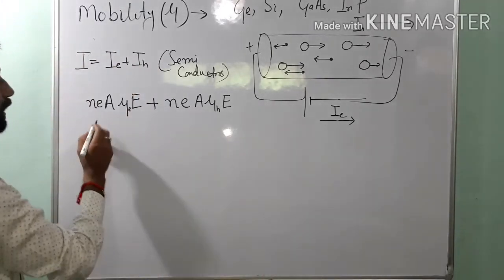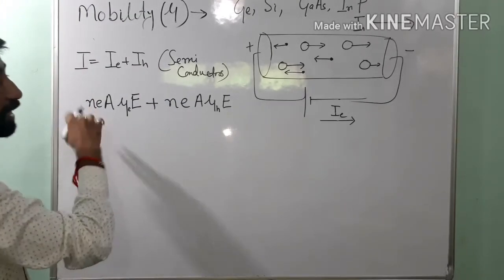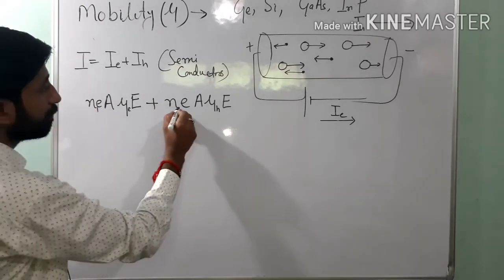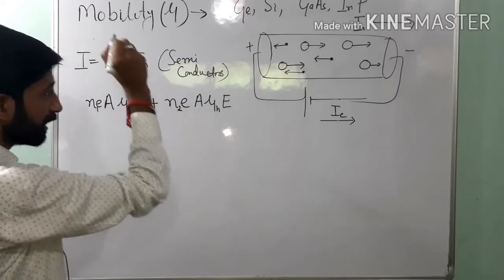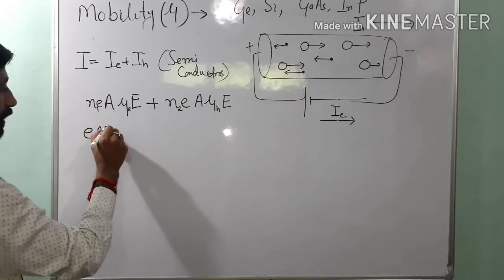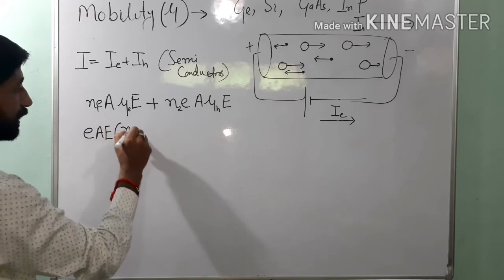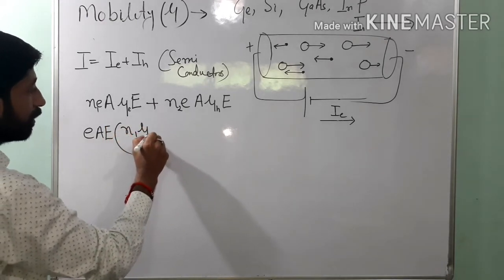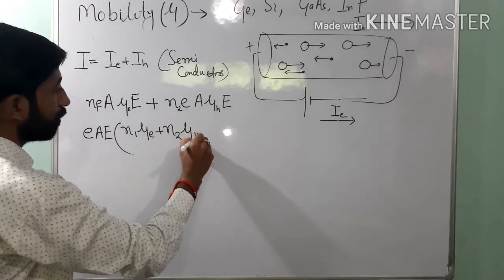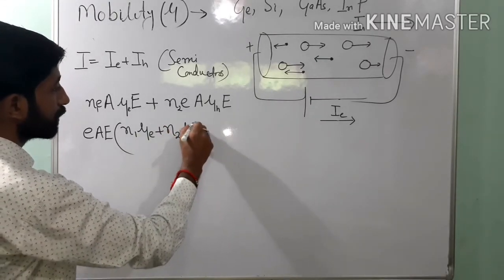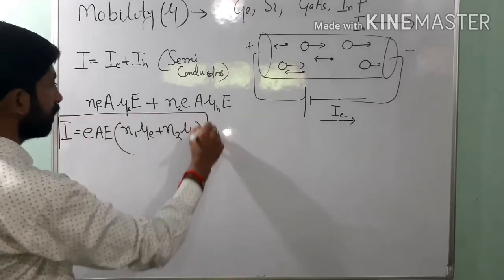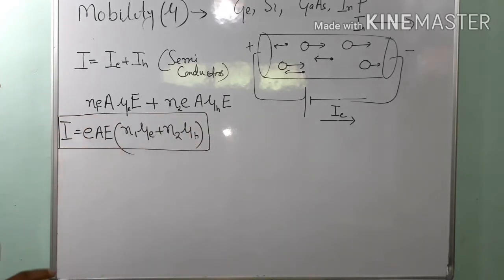Okay, so let the number of electrons in any semiconductor be not n, rather n1. The number of holes in that particular semiconductor is n2. So small e, A and E are taken out, so we have n1 mu e plus n2 mu of h. That is the expression for the total current in a semiconductor.